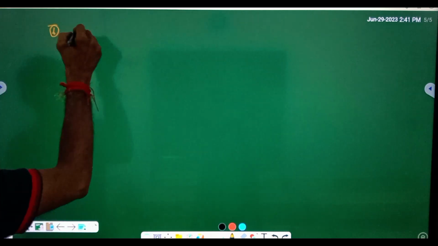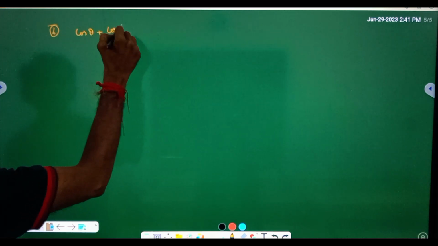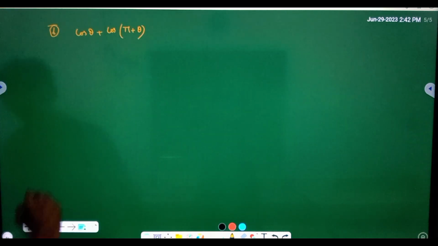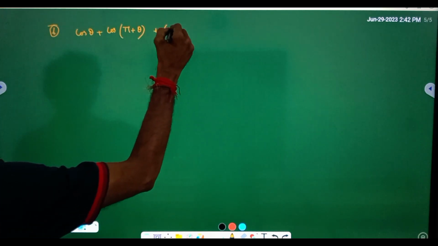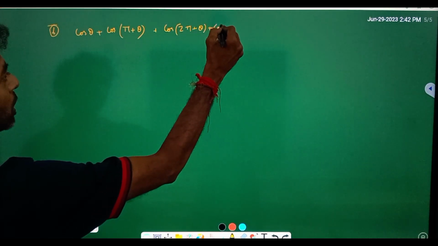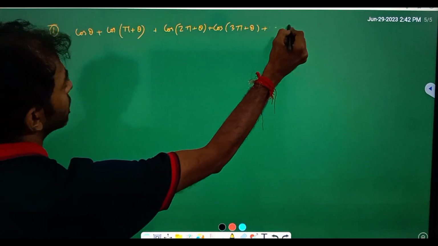The sixth problem is: I need to find the value up to nth term, that is cos theta plus cos of pi plus theta plus cos of 2 pi plus theta, then cos of 3 pi plus theta, and so on up to the nth term.